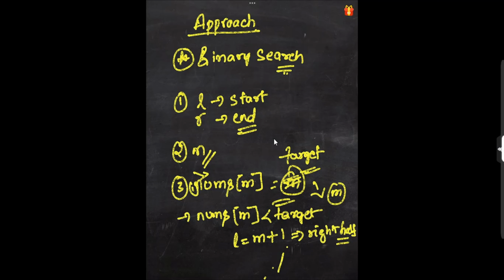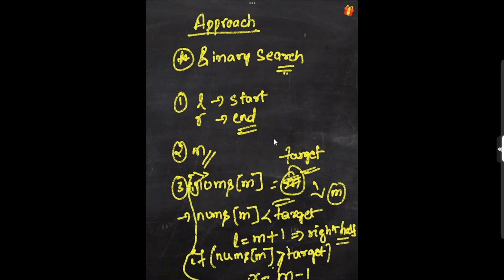If nums of m is greater than target, then we will move the right pointer to search only the left half. So I can just write here m minus 1. These are all the conditions that we need to remember. This one will search only the left half.